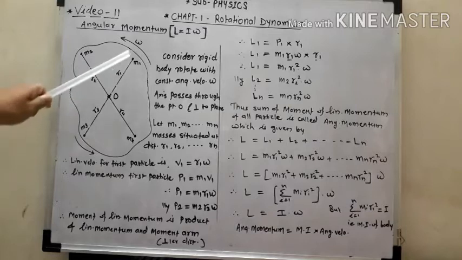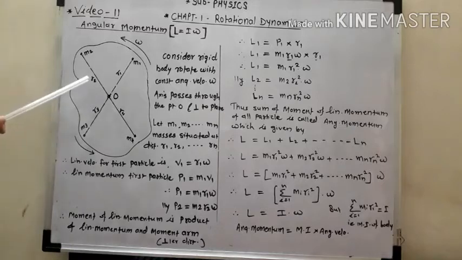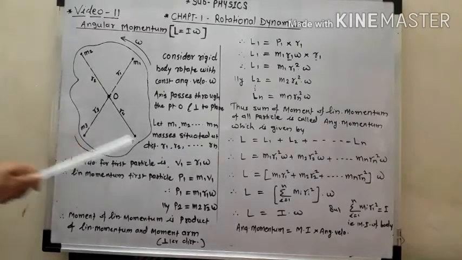These are the distances from m1 to O as r1, m2 to O as r2, and so on.